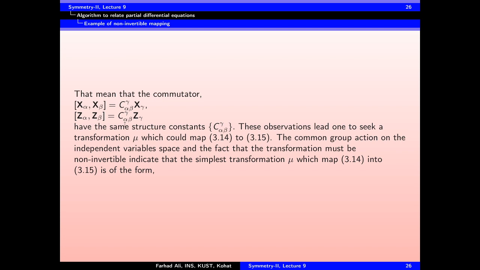If they are the same, then we can proceed. On the basis of having the same structure constants, we can proceed toward the mapping. There exists a mapping between the two spaces.